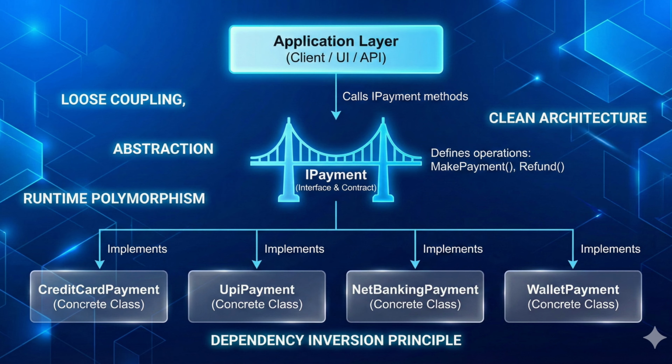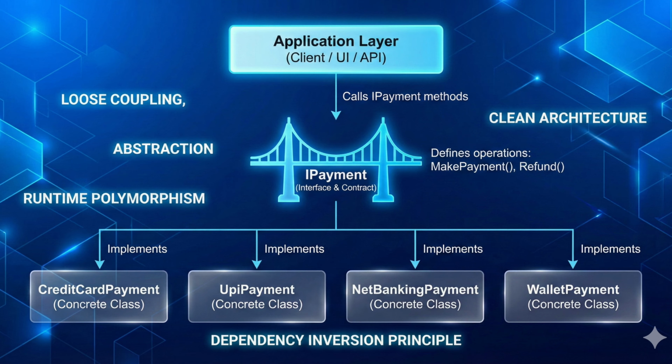In real-world systems, this logic may include card number validation, communication with bank servers, OTP verification, and transaction security checks. For learning purposes, we simply display messages indicating that the credit card payment and refund have been processed successfully. Even though the logic is simple here, the structural design remains exactly the same as in real enterprise applications.